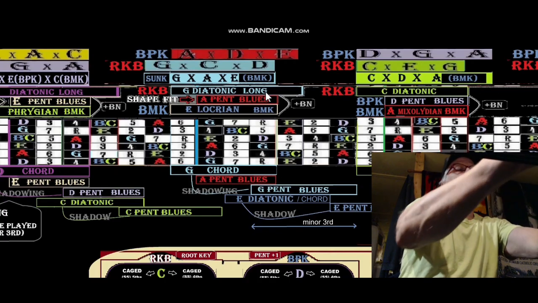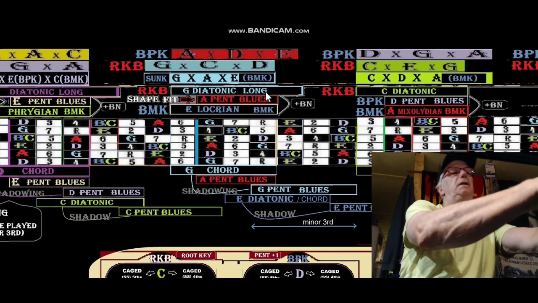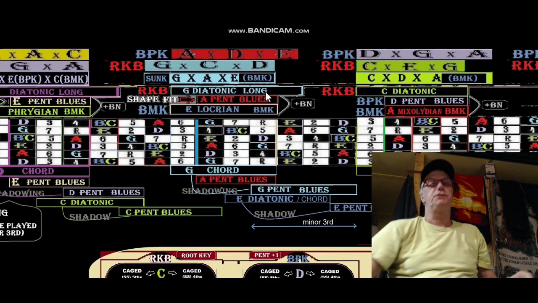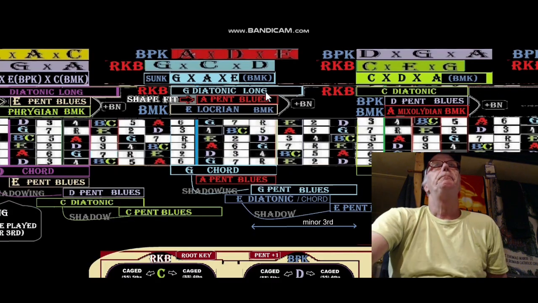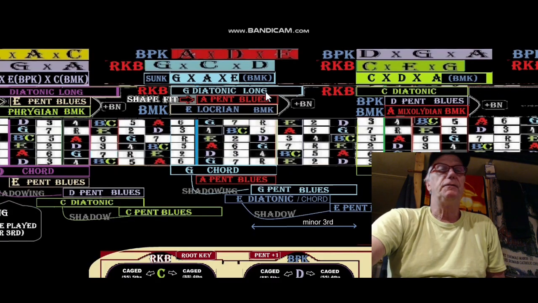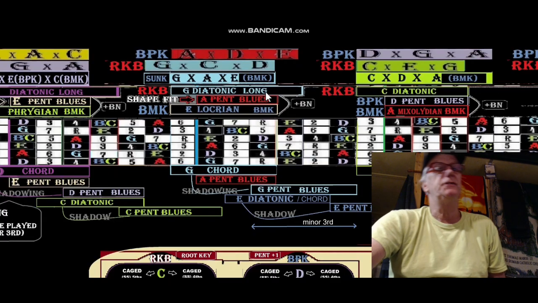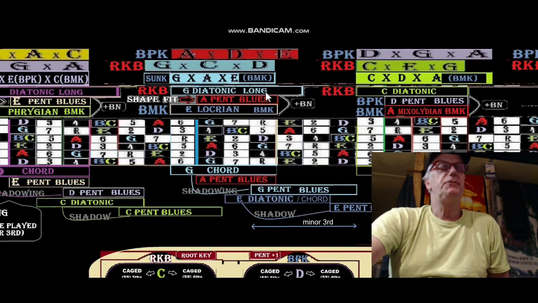But it's the same blues note, G flat. So G flat is the flatted 6th of B flat, it's the flatted 5th of C.